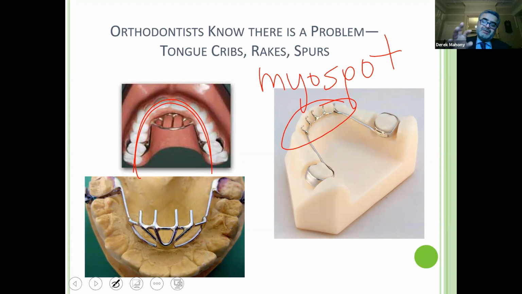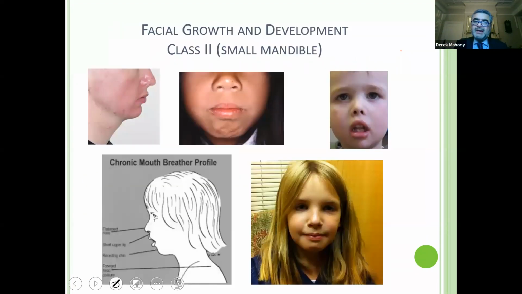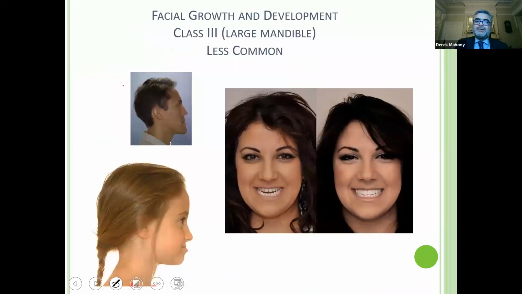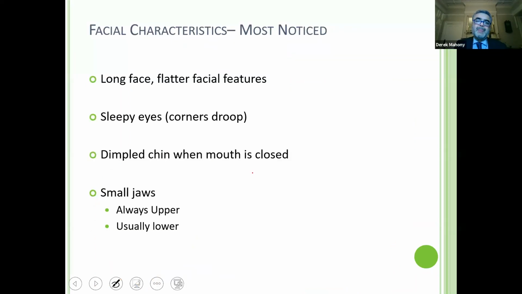If you have any kid who's seeing an orthodontist who has that in the upper jaw, automatically your life is made more difficult, right? So we talked about the term class 2. That's a class 2 jaw. Can you see the lower jaw set back? We turn to the class 3, like a Jay Leno type look. But the biggest problem in class 3 is the maxilla or the mid face hasn't grown forward properly.